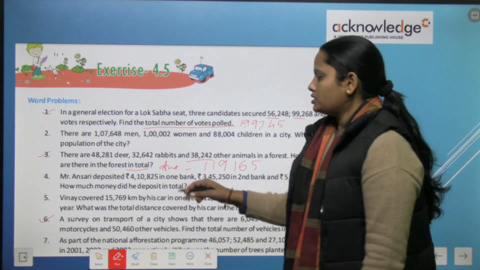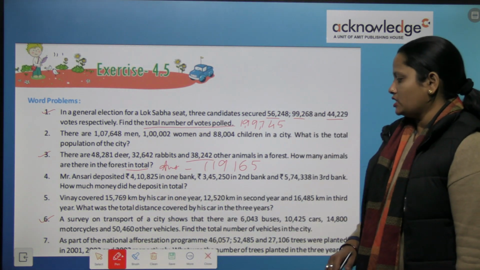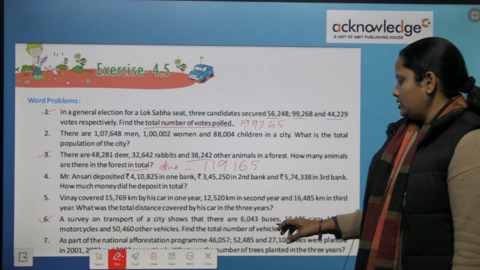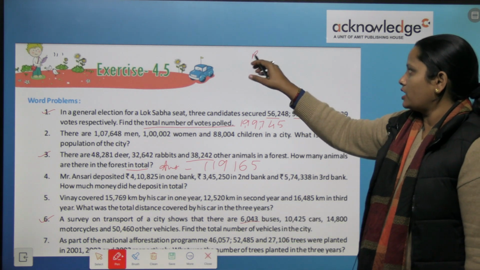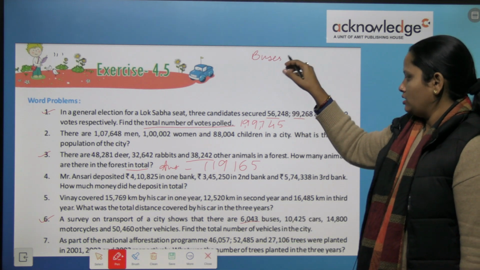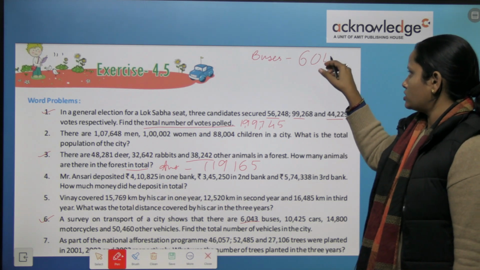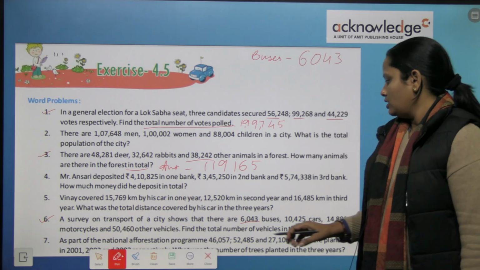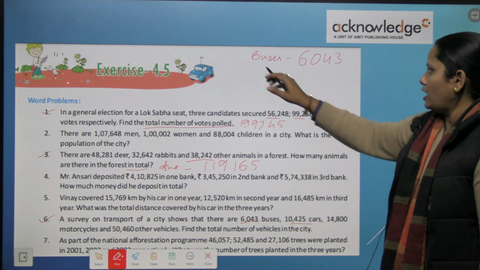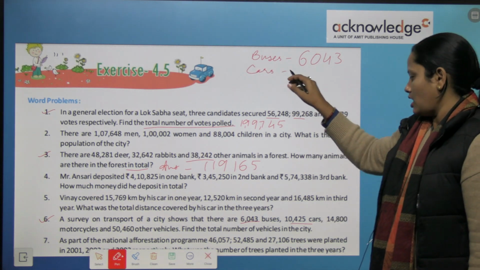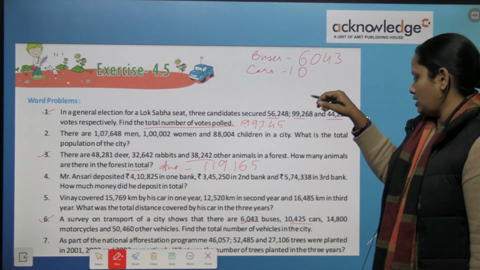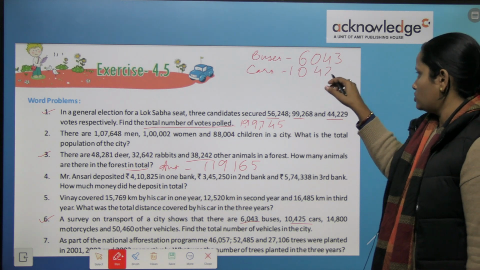6. A survey on transport of a city shows that there are these many buses. So buses are 6,043. Another, these many cars. Cars are 10,425.